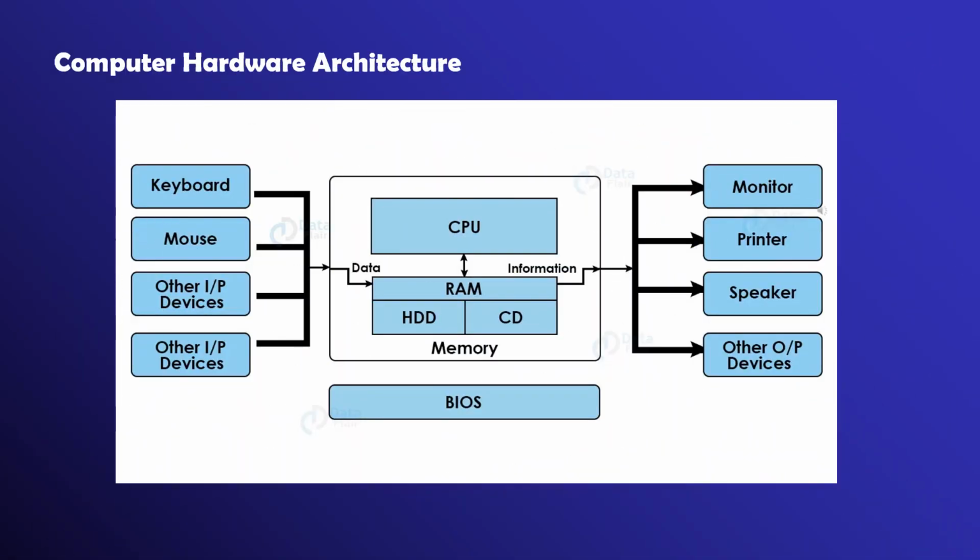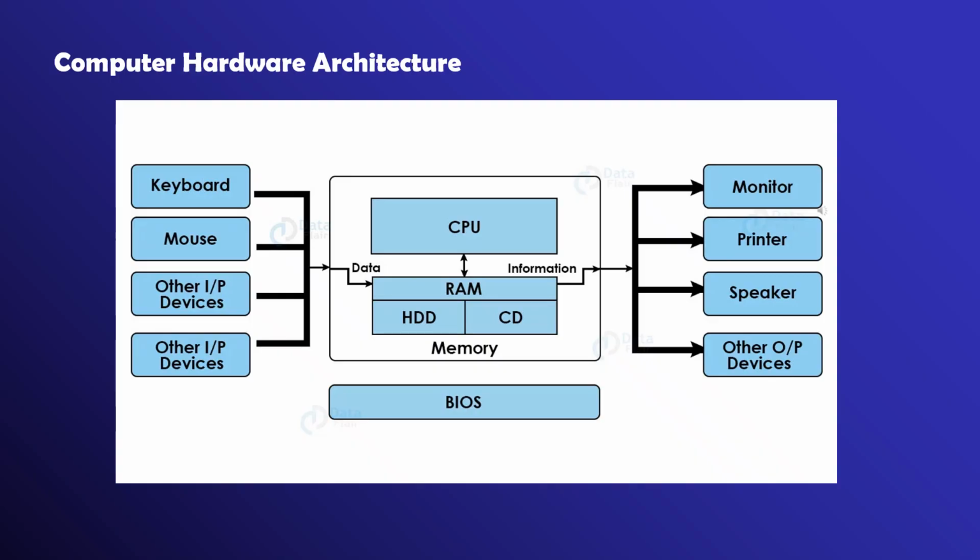This diagram brings together everything we have just discussed. You can see how the input devices, the CPU, RAM, storage, and output devices are all connected to the motherboard and the bus system, right?